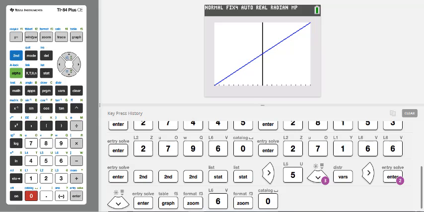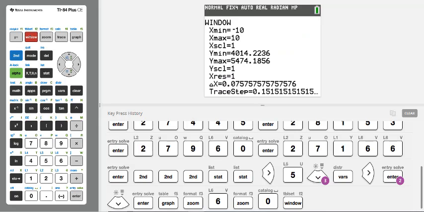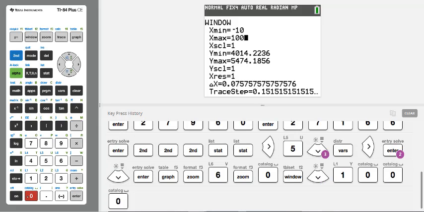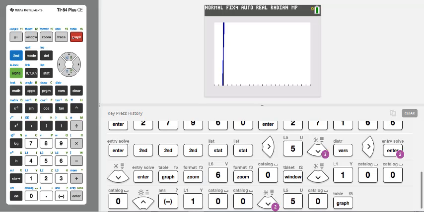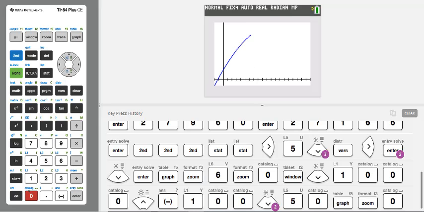My X values is price, so we ought to be, let's just say 1,000, and we'll go negative 100, and we'll step it by 50. Just hit graph. Zoom fit. There we go.